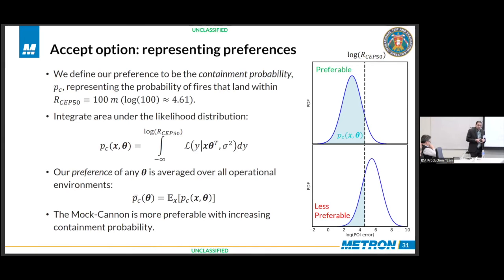So I'm going to say my preference corresponds to how much of that fraction is in that circle. And so we're going to integrate the likelihood distribution for a given x and theta. If I have more area integrated, that means it's a more accurate system. More points were within that circle. If I have less area, that means it's a less accurate system. And so this is a more preferable state, that's a less preferable state.